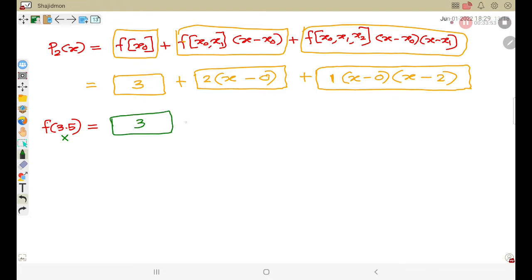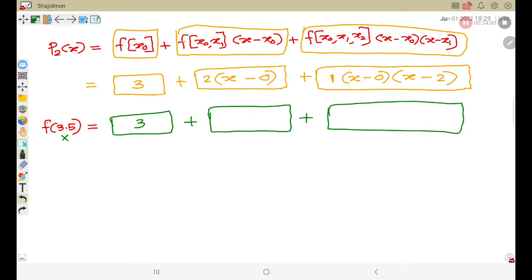First number is 3 plus, then 2 multiply 3.5 minus 0, which is 7, plus 1 multiply 3.5 minus 0, multiply 3.5 minus 2, which is 5.25. Taking 3 digits rounding in total, it is 15.3.